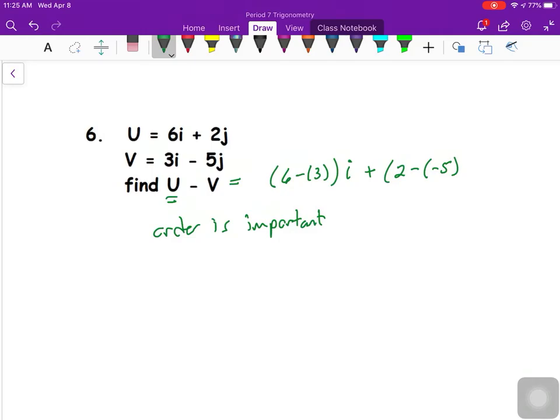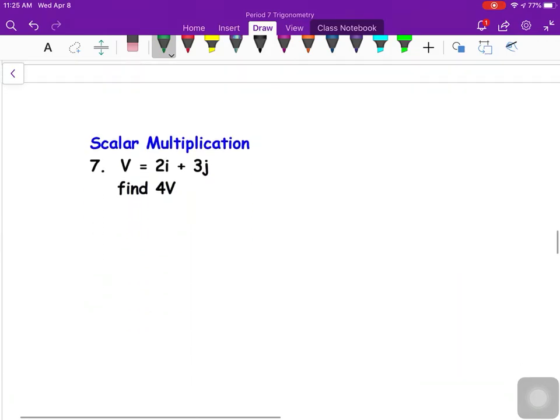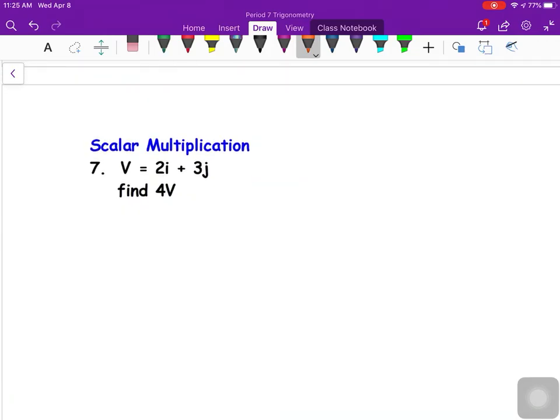So for u minus v, I'm taking the 6 minus the 3 times the i plus the 2 minus the negative 5 times the j. So I would end up with 3i plus 7j. Because once again, the order is important.